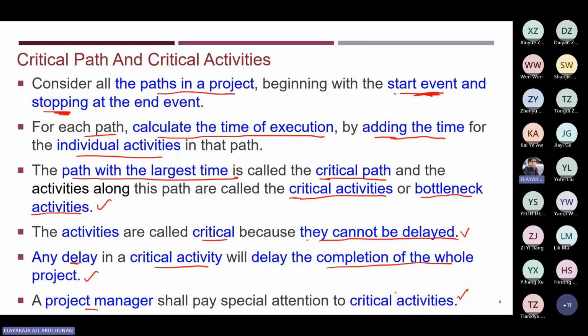That particular part is very important to complete on time. Because if you delay any of the critical activities, it will affect your name, and you will lose projects in the future. All right. And you'll get some penalties as well. So you need to be very careful when you make the plan.